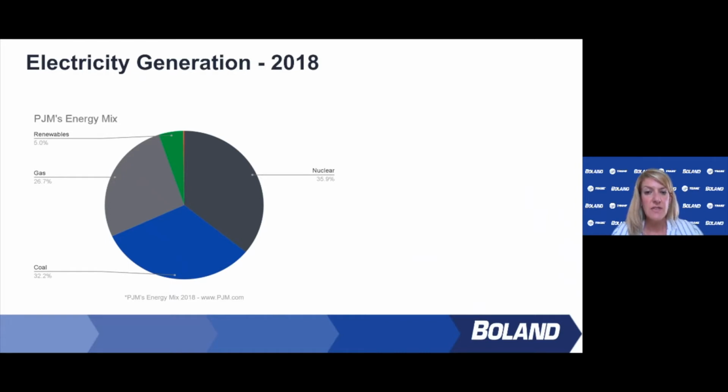You can see the mix of nuclear, coal, gas, and renewables, and then a tiny little sliver of other. Those are the main fuel sources for generating electricity in our area. That mix has changed since 2018, and we're going to talk a little bit more about what that looks like in a minute.